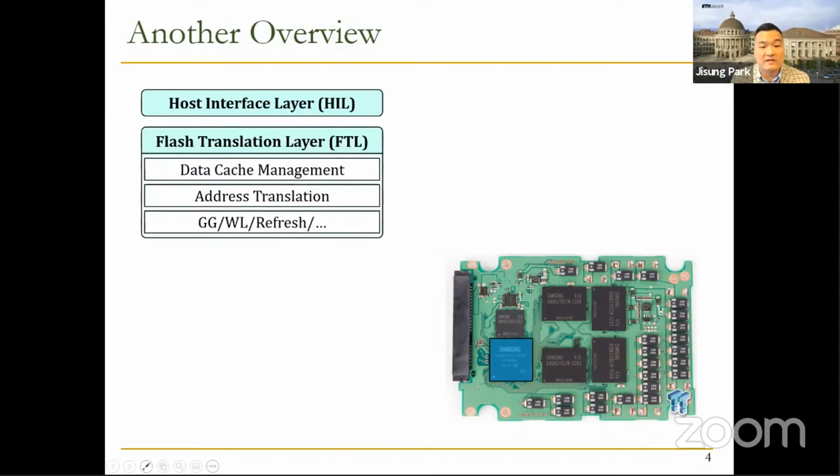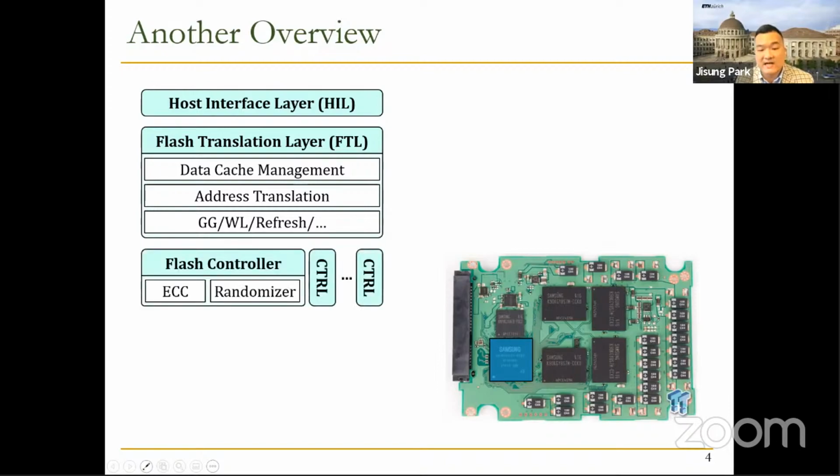The second one is the flash translation layer, commonly called the FTL, which is in charge of fundamental internal tasks to service a host I/O request while hiding the unique characteristics of NAND flash memory from the host system. In general, the core functionalities of HIL and FTL can be implemented as embedded software programs that run on the embedded cores inside the SSD controller.